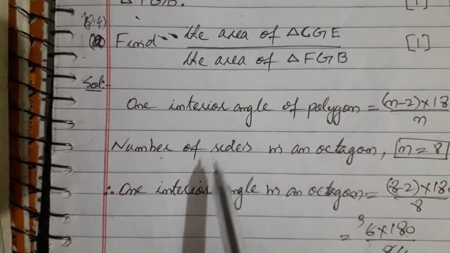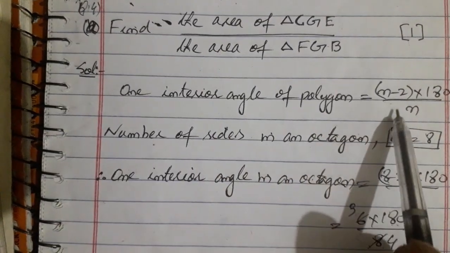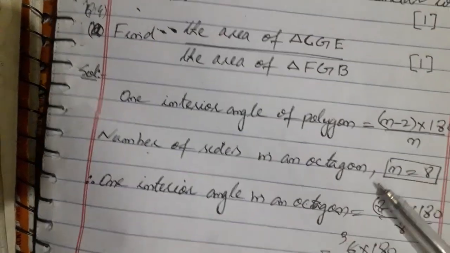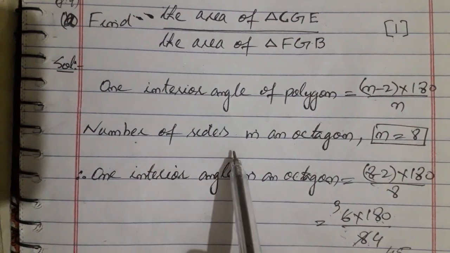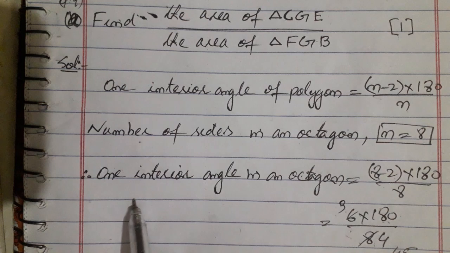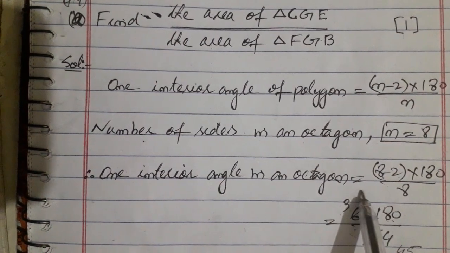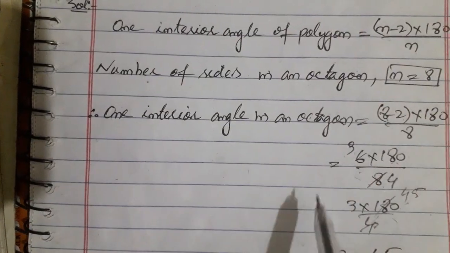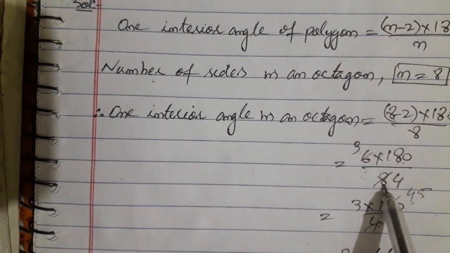Now, solution. One interior angle of a polygon is equal to (n minus 2) into 180 over n. The number of sides in an octagon is n equals 8. Therefore, one interior angle in an octagon is (8 minus 2) into 180 over 8. 8 minus 2 is 6, into 180 divided by 8.